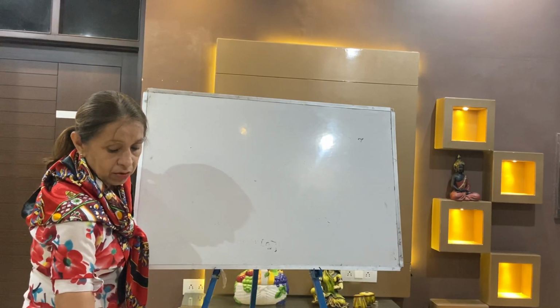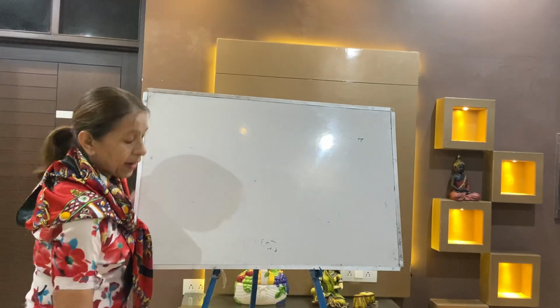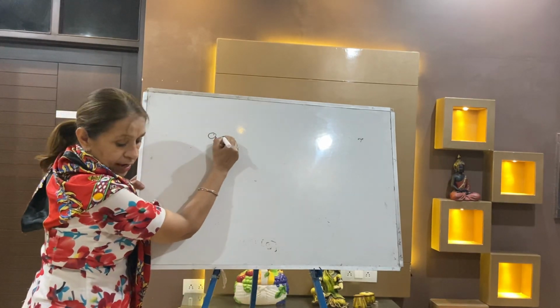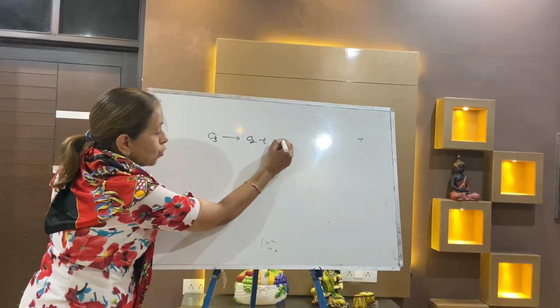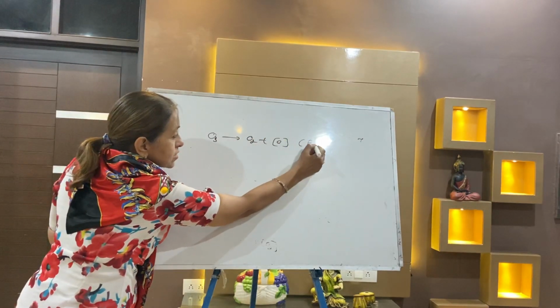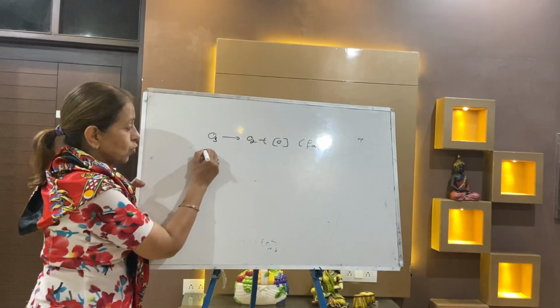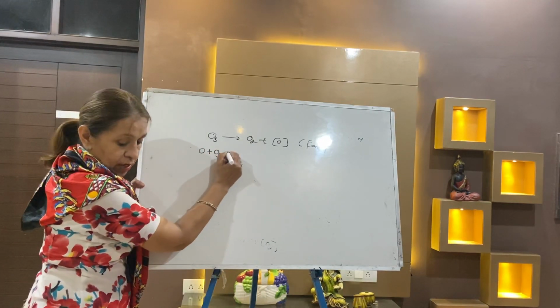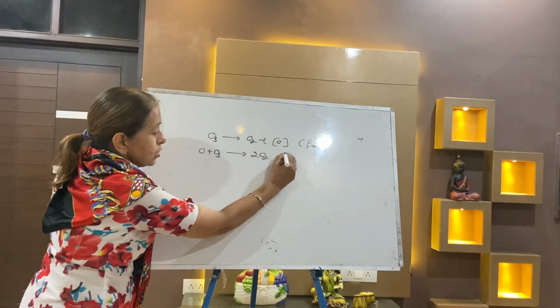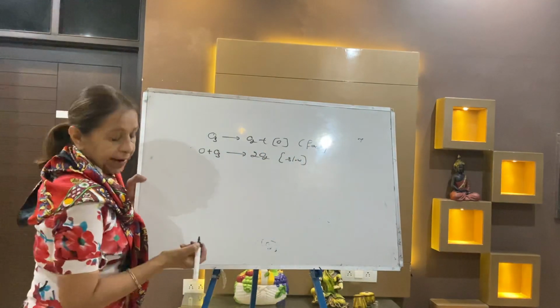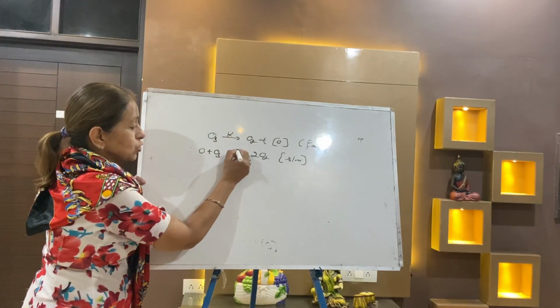Now write down your third question: O3 → O2 + O. Again the first step is fast, O3 → O2 + nascent O, and the second step O + O3 → 2 O2 is slow. So you can write K for the fast step and K dash for the slow step.